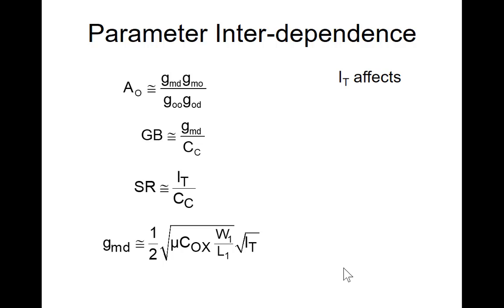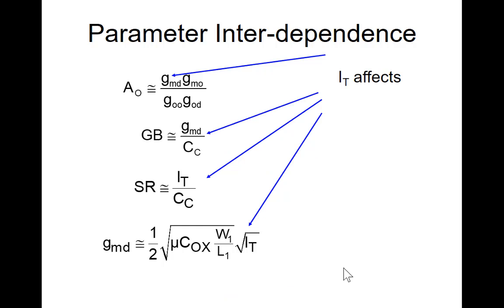If I look at these expressions, I'm going to take 4 of them: the DC gain, the gain bandwidth product, the slew rate, and GMD. GMD is one of the parameters that appears in that two-port model. And I see IT affects the slew rate here. It affects GMD. It affects the gain. It affects the gain bandwidth product.